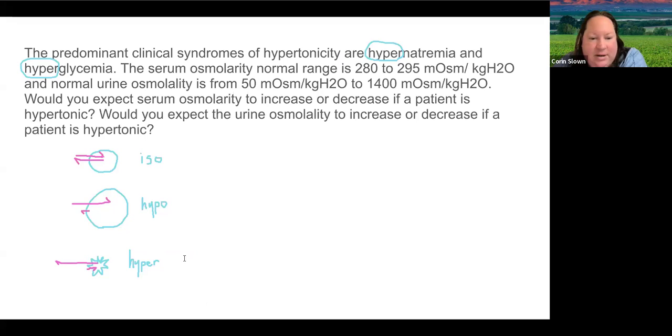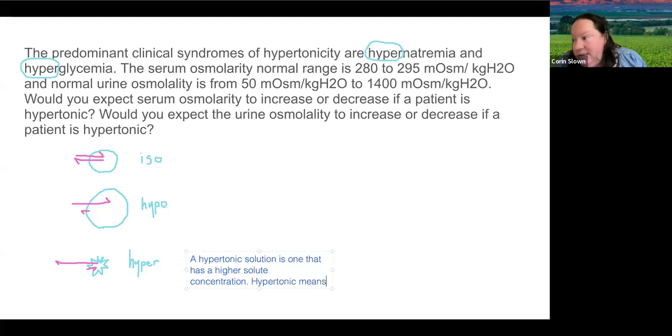So I'm going to type that here because I think that will help us. So a hypertonic solution is one that has a higher solute concentration. Another way of saying this is hypertonic means water moves out of the cell.